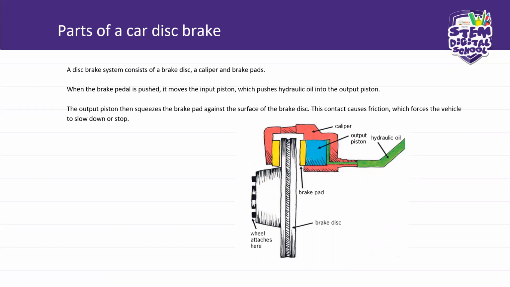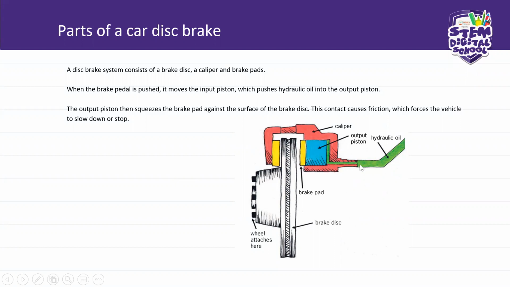through to this output piston. Remember when you did hydraulics, you saw the input piston and the output piston. In the case of these brakes, the output piston is here, and the ram of the output piston will be the brake pad. So it will be attached.